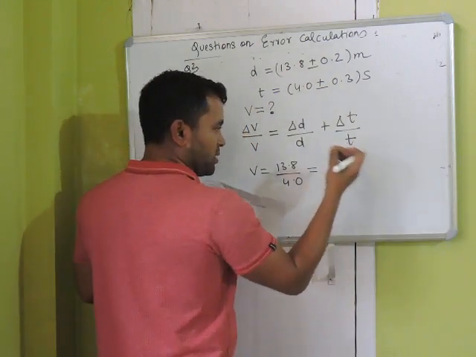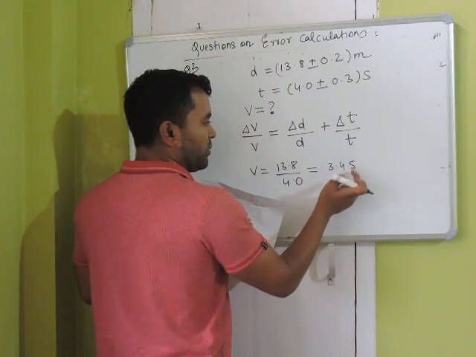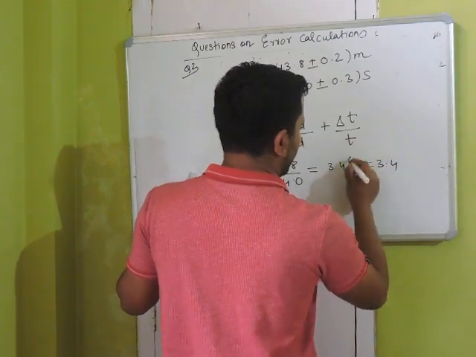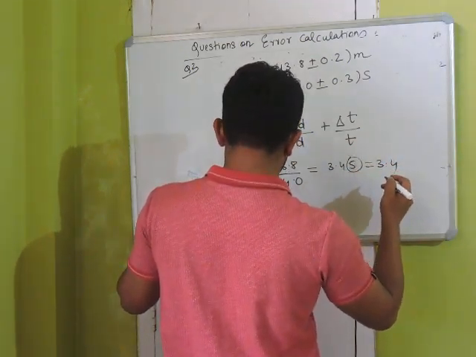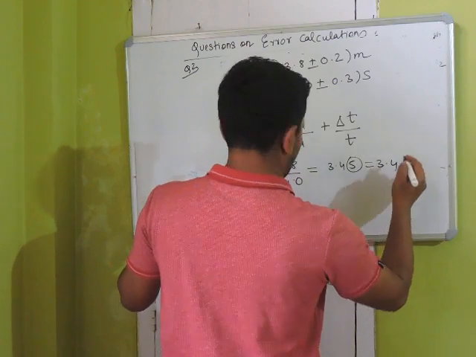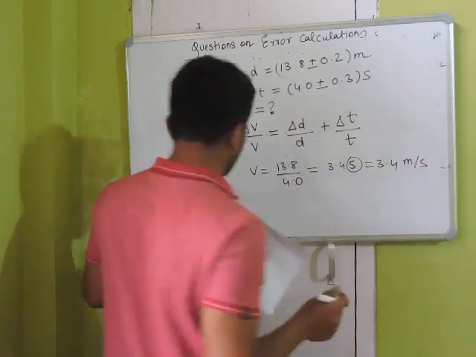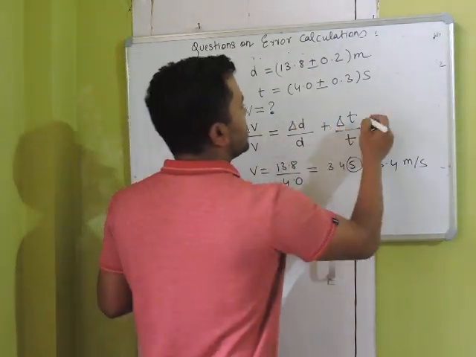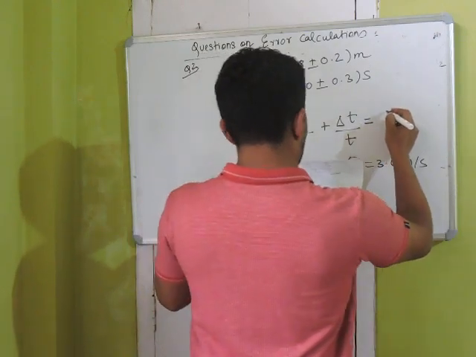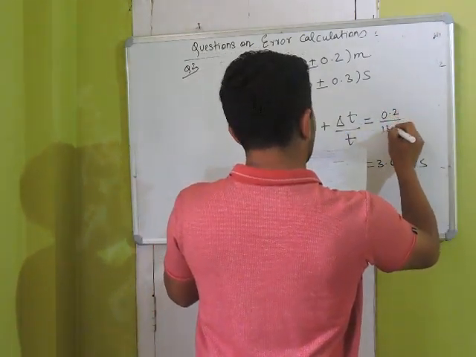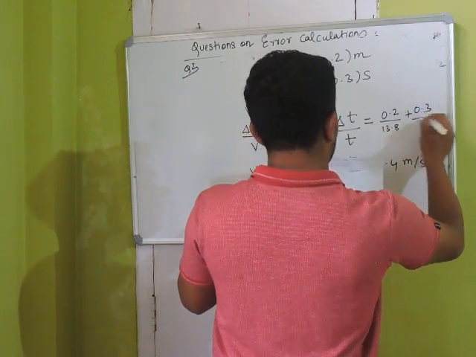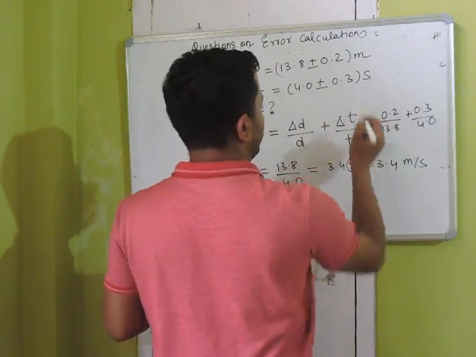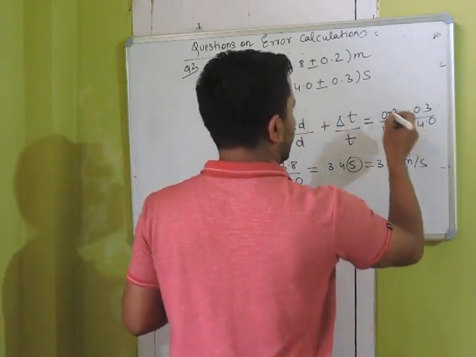If 5 followed by 0 is dropped, the previous digit only increases if it is odd. Since it is even, nothing will change. So V is 3.4 meter per second. Now again in the same way, delta D is given, so this is 0.2 by 13.8 plus 0.3 by 4.0. Then this gives you, okay, let me do it here.